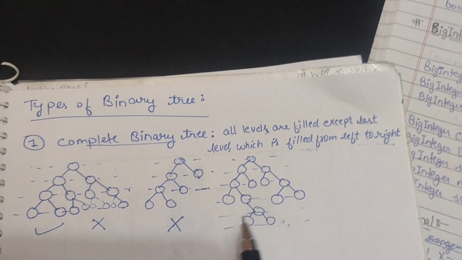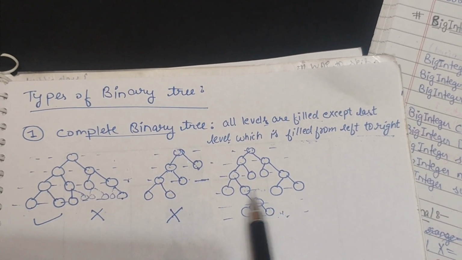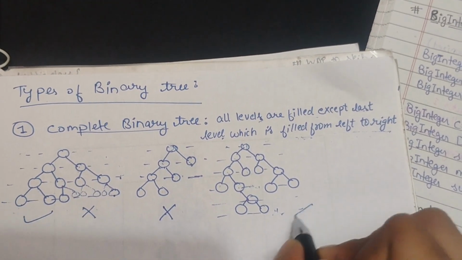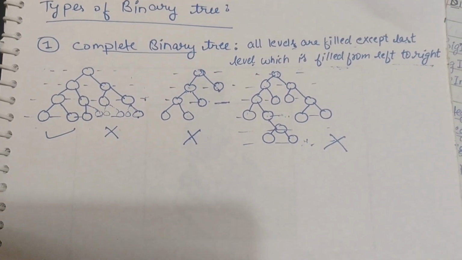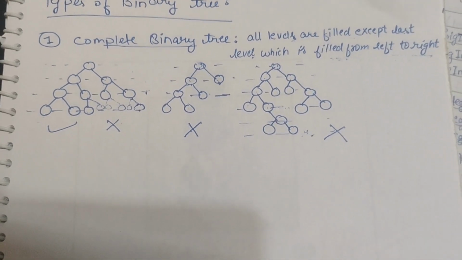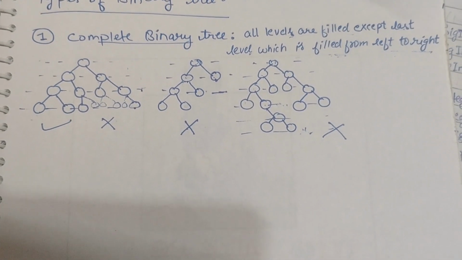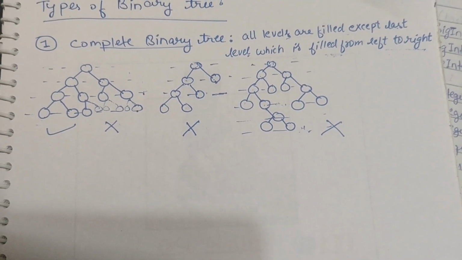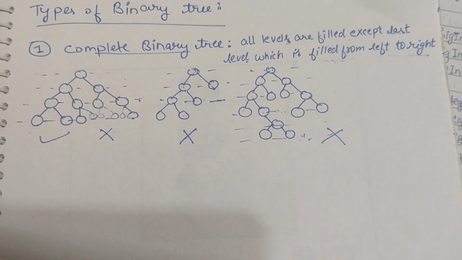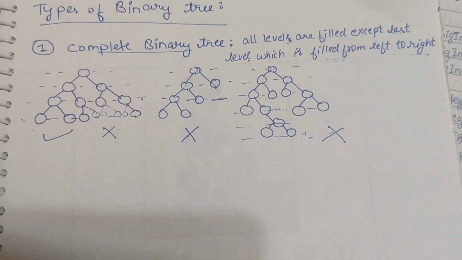And this is also not the last level. So no, it is also not a complete binary tree. So you can solve many more examples to clarify which tree is a complete binary tree or not. And for your better understanding, you can make any random tree by yourself and identify.